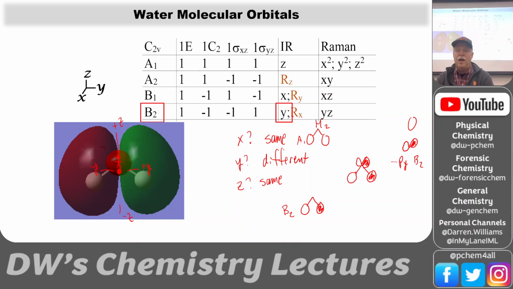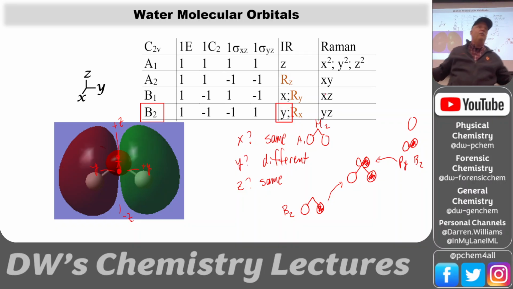So that's the py on oxygen combined with the B2 combination of the hydrogens. So if you're making the MO diagram, it's very easy to know what this one is, because you made it by mixing a B2 orbital on the oxygen with the B2 combination on the hydrogen. So you know it's B2.